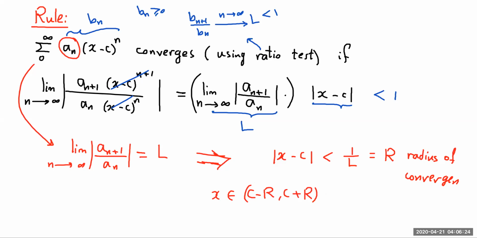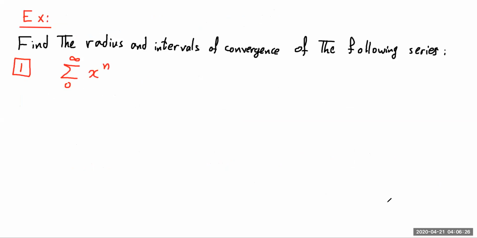Let's take some examples. Find the radius of convergence and interval of convergence of the following series. The first one is a geometric series, and we know it from before, so we can solve it using two methods. Since it is geometric, it equals 1 over 1 - x, and this is correct for x between -1 and 1.